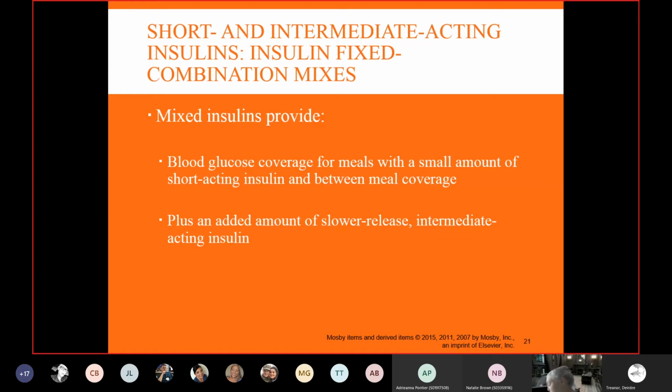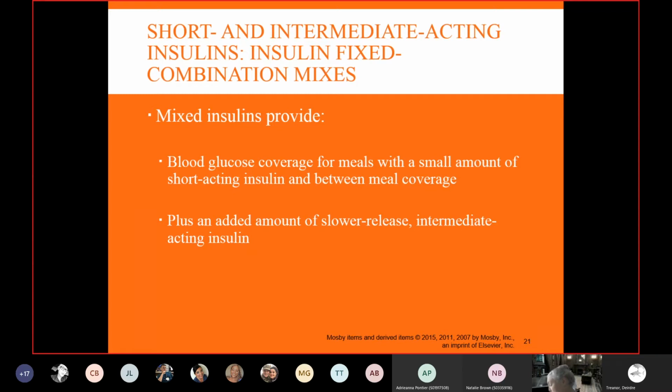If the order is for 10 units, 7 of those units or 70% will be NPH, which is the intermediate, and then 3 of those units would contain the fast acting. So that's kind of where you get 70-30 out of 100.